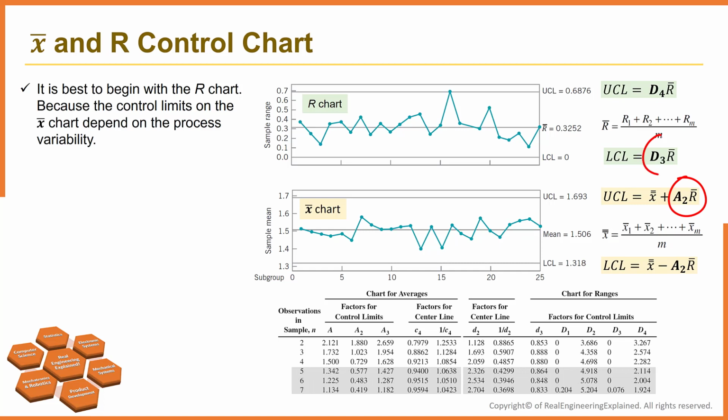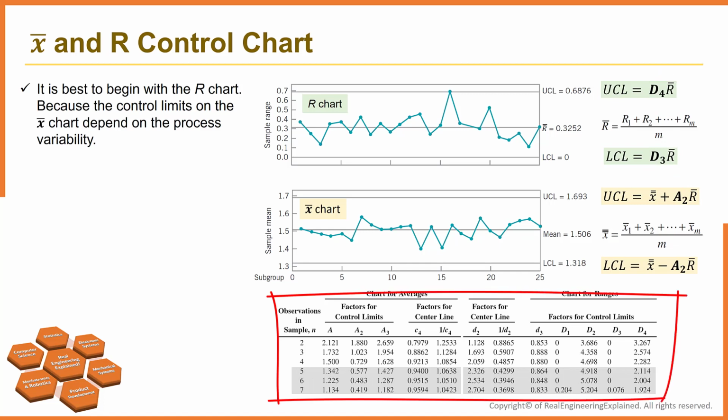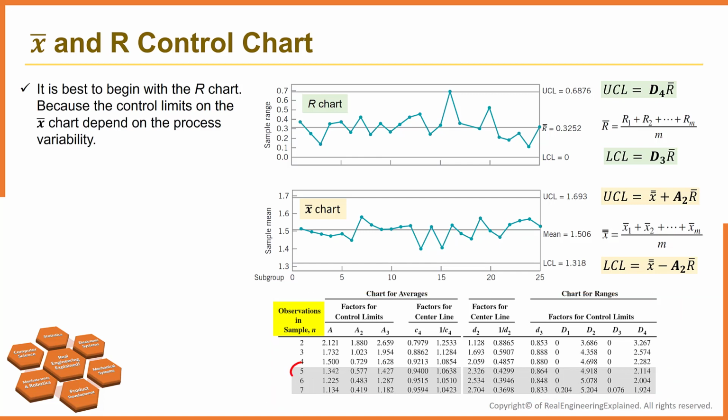A2, D3, and D4 in these formulas are found from the control chart table, tabulated based on the observations in the sample. For example, for 5 observations in a sample, A2 is 0.577, D3 is 0, and D4 is 2.114.